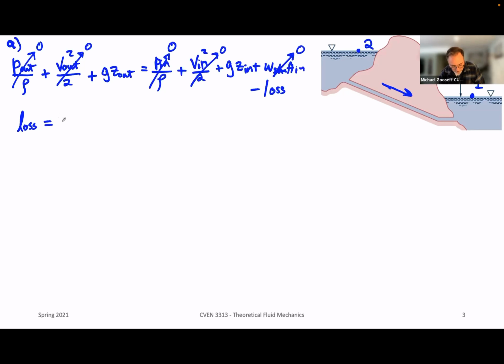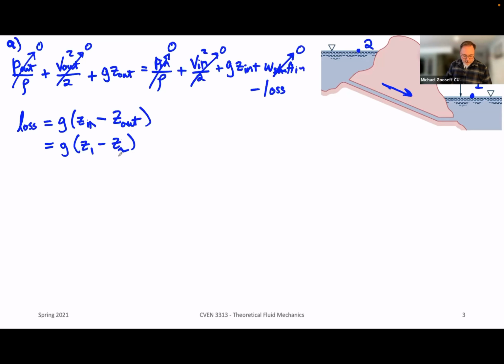So this is going to be equal to g times Z in minus Z out. Or we could rewrite that as g times Z1 minus Z2.